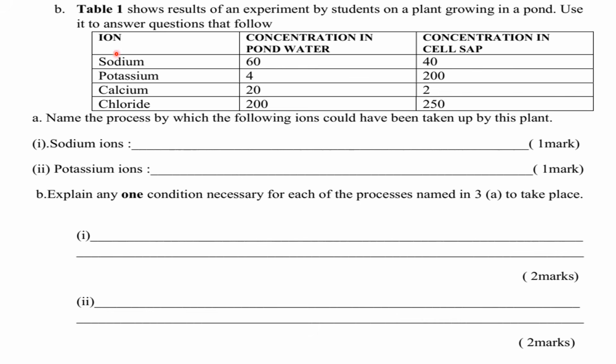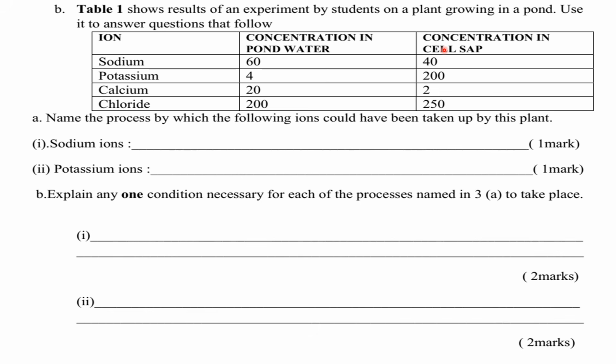We have name of ion: sodium, potassium, calcium, chloride. And each ion has a concentration. The concentration of sodium is 60, whether milligrams or grams, whatever it is.